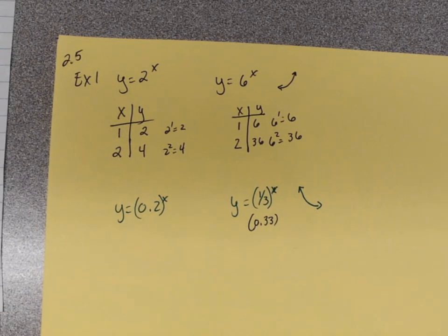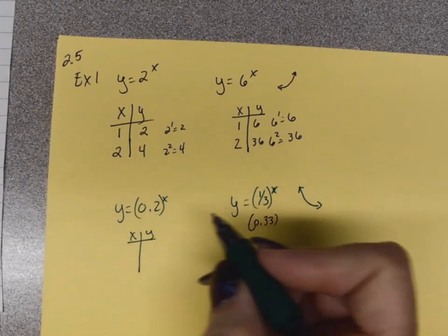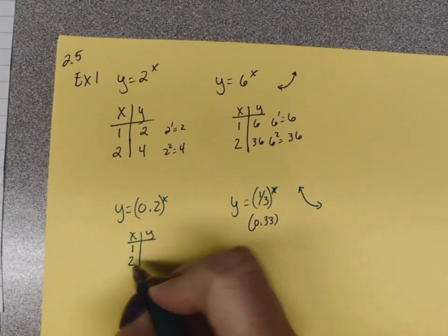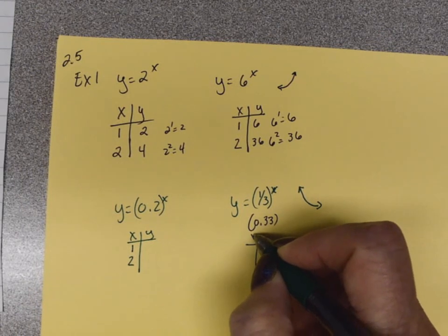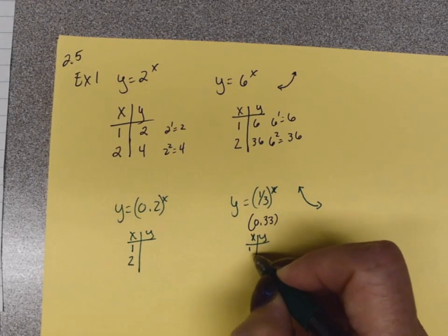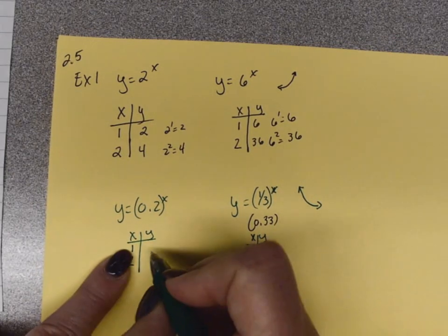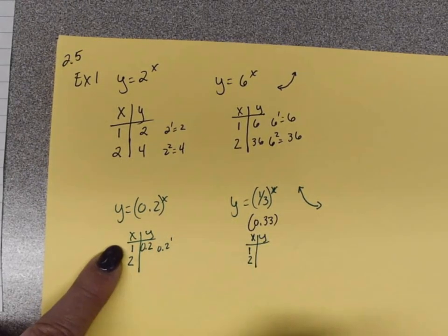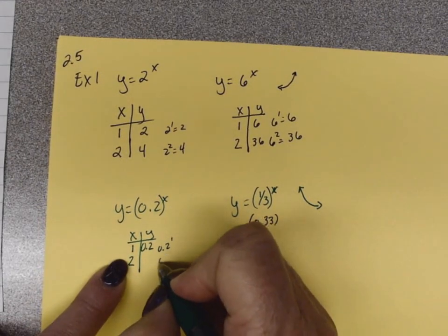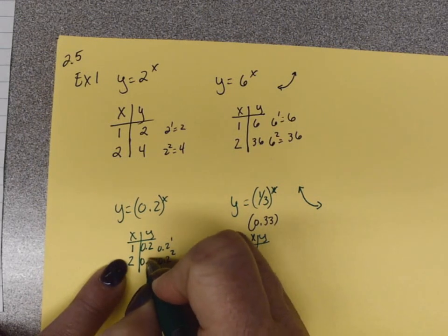Now again, we can make a t-chart. We can use 1, and let's use 2. If I plug in 1, I get 0.2 to the first power, which will be 0.2. If I plug in 2, I get 0.2 squared, which gets us 0.04.